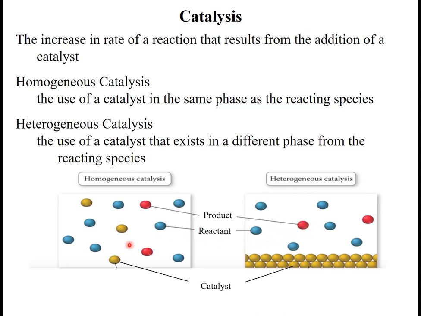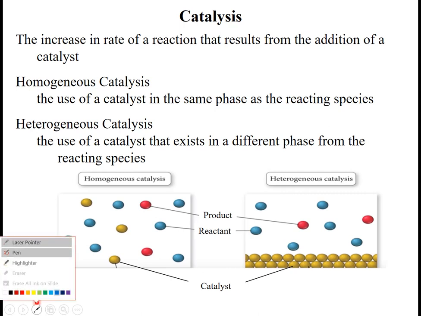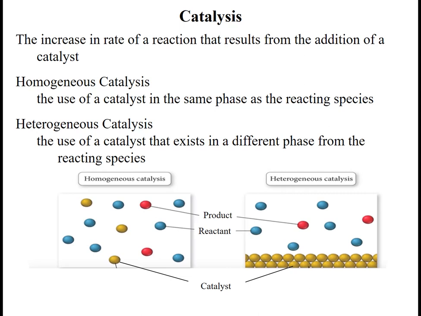Now, what's important here when we go to identify these things is that, again, like a reaction intermediate, a catalyst, first, or again earliest, is a reactant. Second, or latest, is a product.